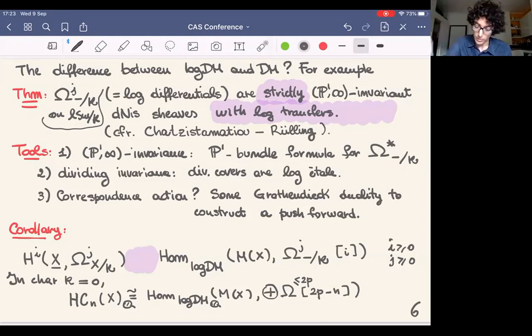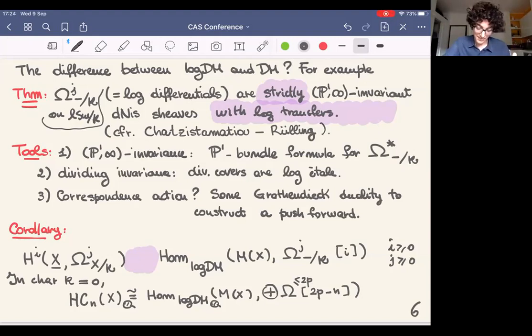Let me quickly say what the ingredients are that go into the proof of this theorem. For the P1 infinity invariance, and the fact that this is preserved by taking cohomology, what you use is the P1 boundary formula for the differentials, which is classical, but still you need to have it.